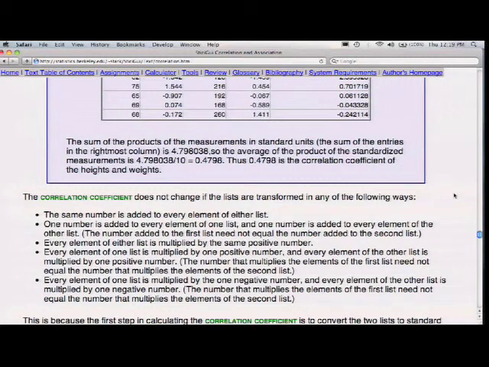Well, it's 1 over n times the sum from j equals 1 to n of (xj minus x bar) over S. Now I can pull the 1 over S out front, since that's just a constant.